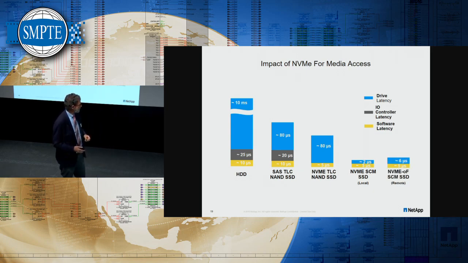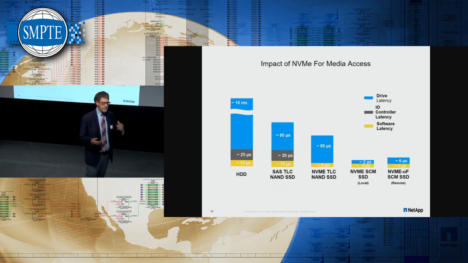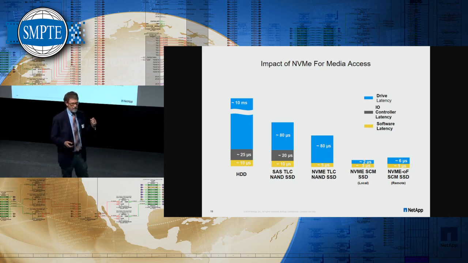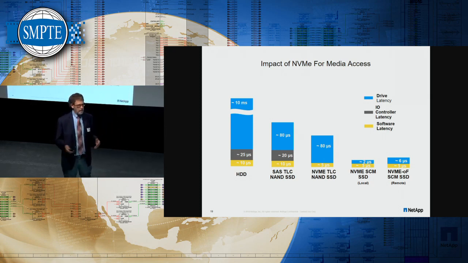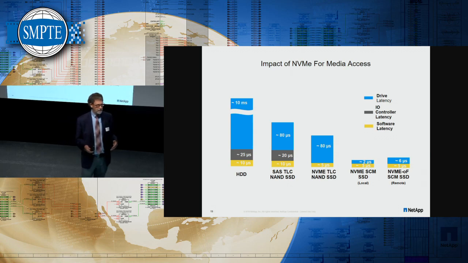And then we have NVMe that is traveling over a SAN, which is the first time we've ever had the ability to have storage in a shared pool that can talk to your machine almost as fast as if it was in the machine itself.